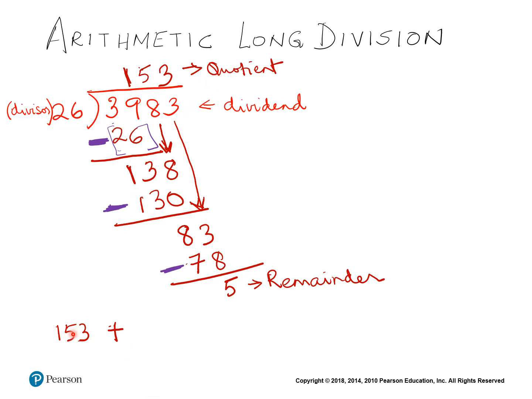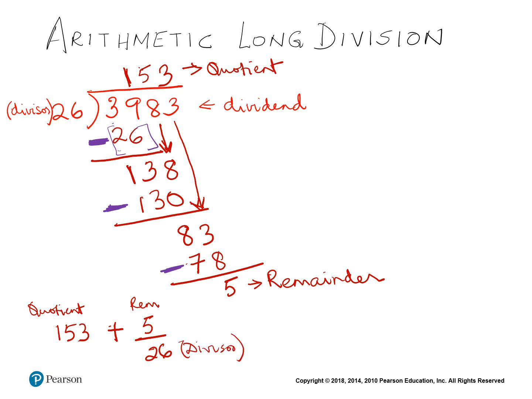You write that first, and then write the remainder 5 divided by 26. All right, so let me write here 153 is the quotient plus 5 is the remainder divided by the divisor.